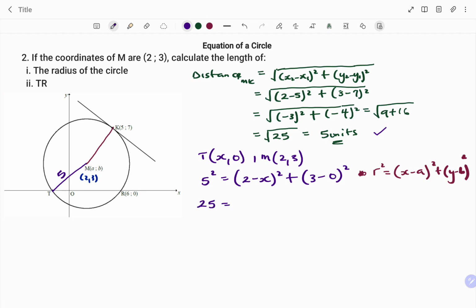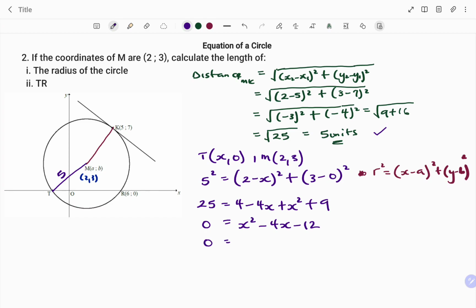equals, we have 2 minus x all squared will give us 4 minus 4x plus x squared. 3 minus 0, that's 3. 3 squared is 9. So we have plus 9. And making that a quadratic equation, I'm going to move all the terms to one side. So I have x squared minus 4x minus 12. So moving 25 to the right hand side will make it negative 25.